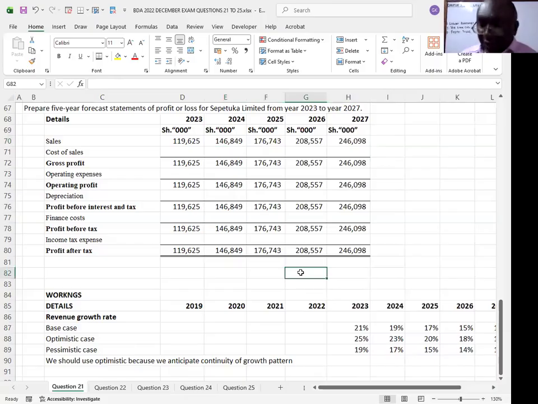So are we agreeing with those values? Are you agreeing with those values? Okay. So if we are agreeing, let's proceed on now to the next.